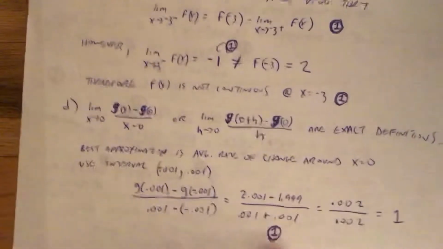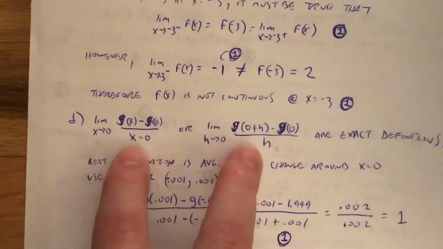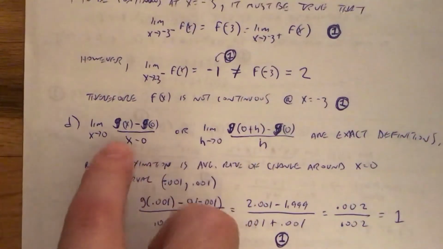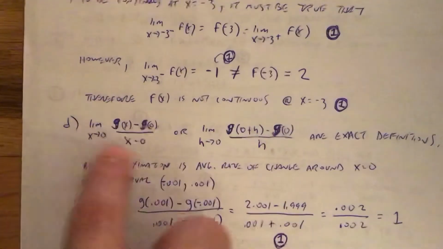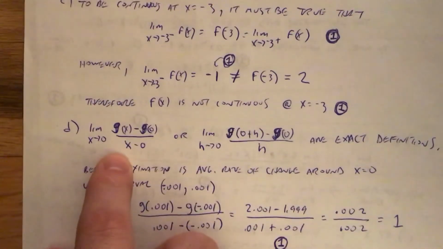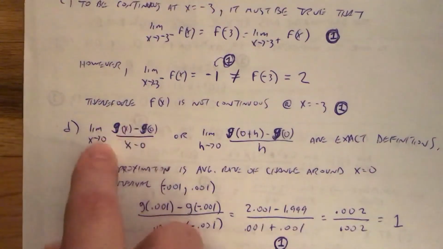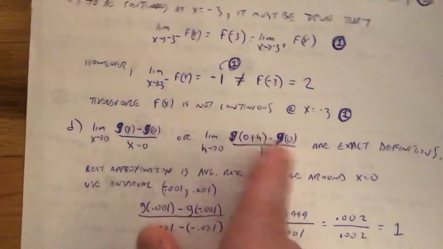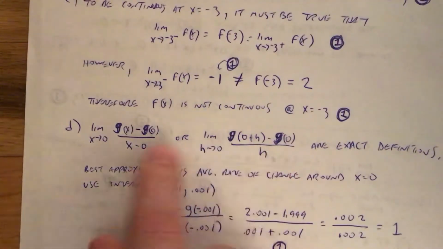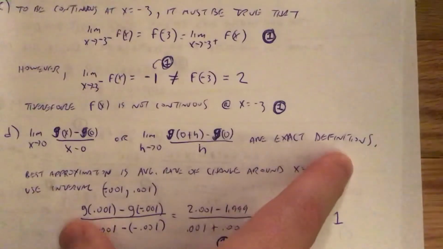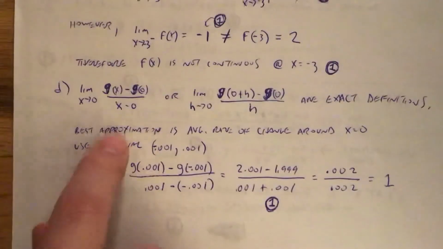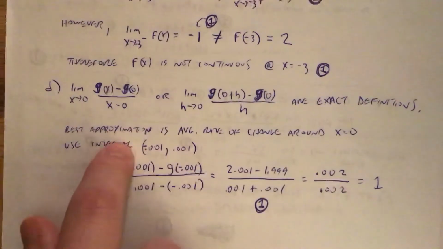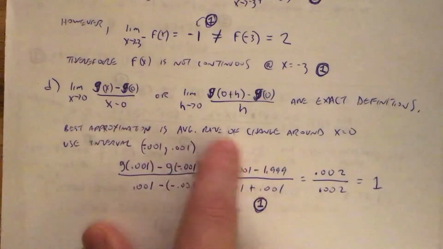So I wrote these here just to be careful that these are the exact versions. So if you were writing the exact version of the instantaneous rate of change, it would be either this one or this one, plugging into those derivative formulas. But these are not the answers. These are the exact definitions. An approximation, the best approximation you can make at 0 is the average rate of change.